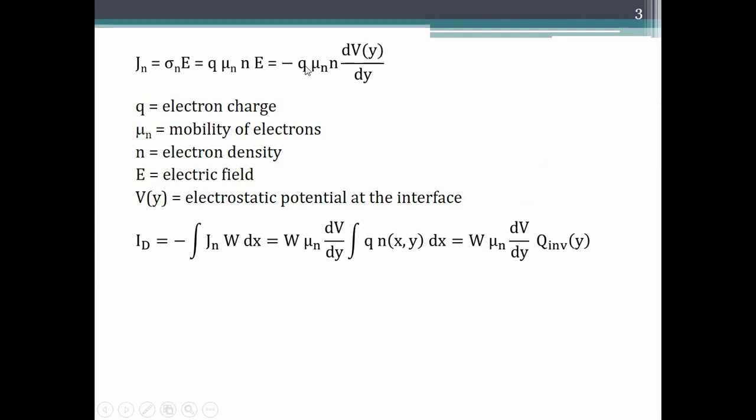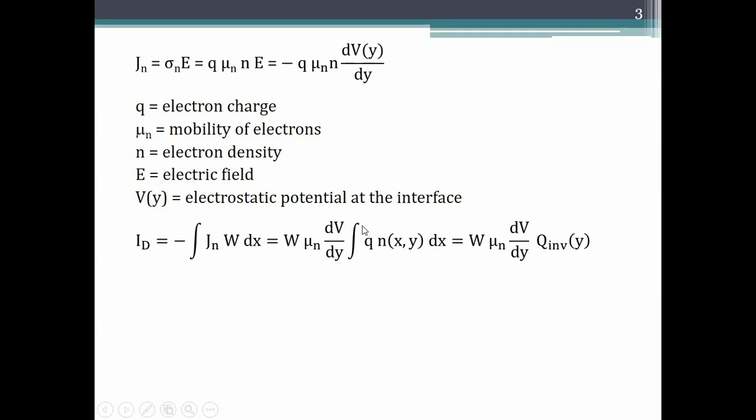So we substitute for Jn and we take out mu n, assuming that it is a constant. dV/dy comes out, because we'll assume it is not a function of x. It depends only on y, the lateral direction, not on the vertical direction.